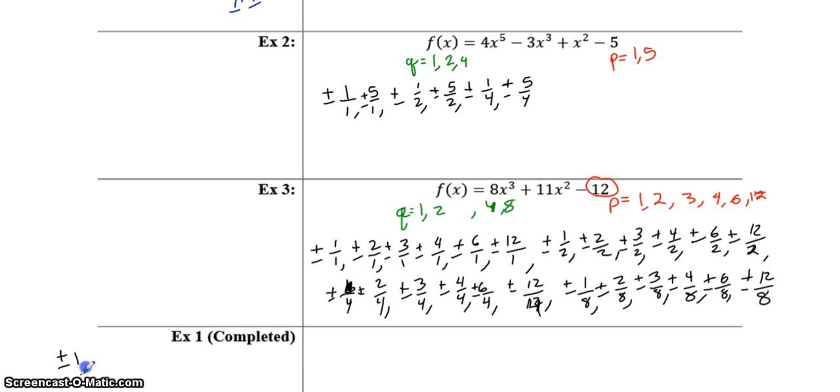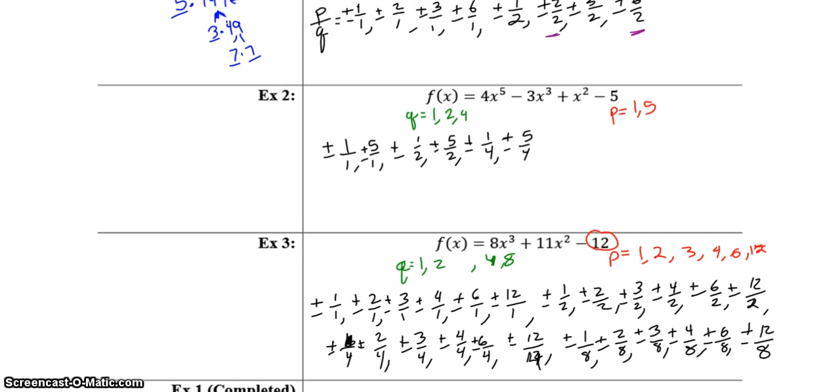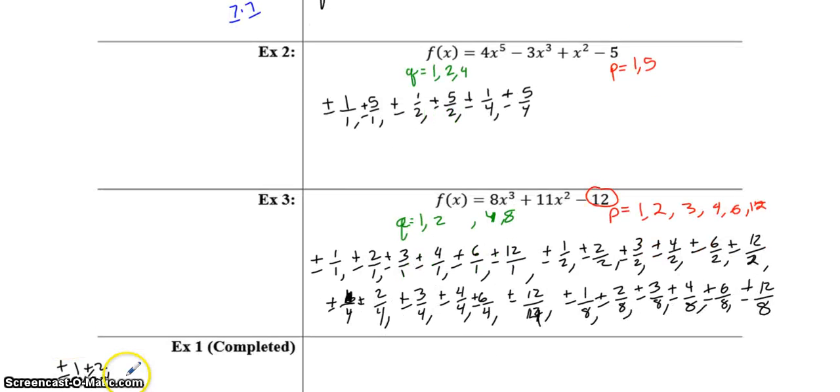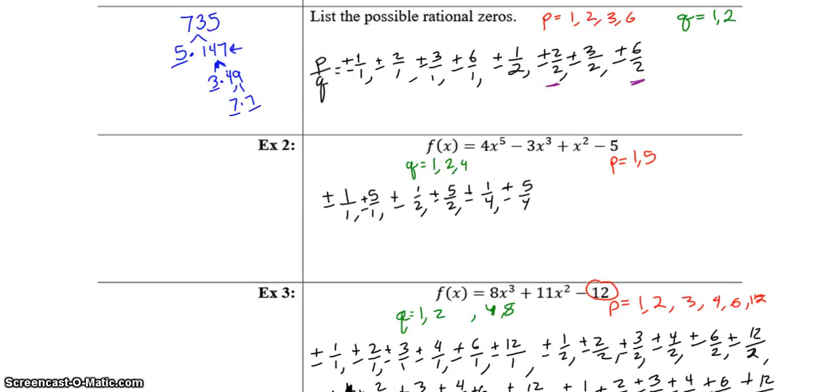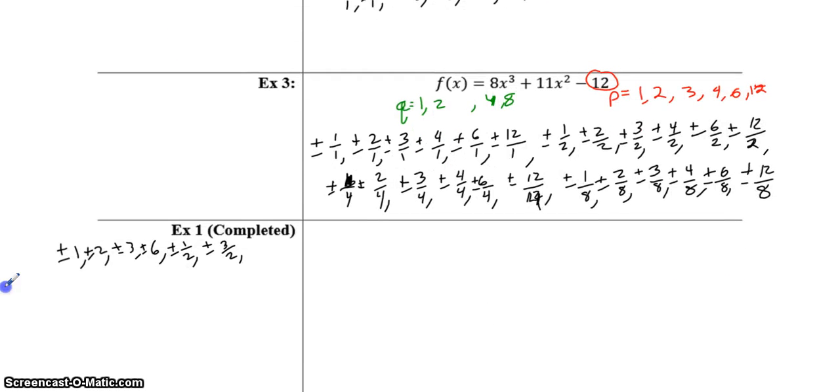Plus or minus 1, 2, 3, 6, 1/2. Then we had a duplicate of 2 over 2, 3 over 2, 6 over 2, which came back to 3. So those are the ones that are unique.